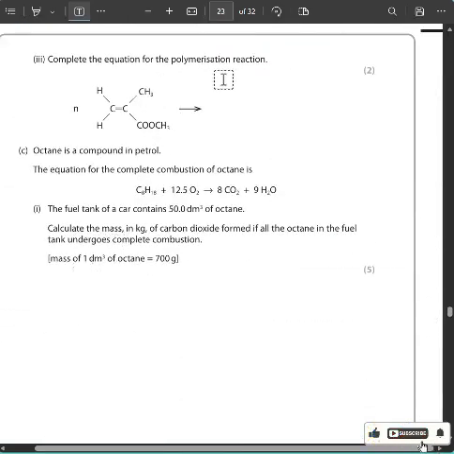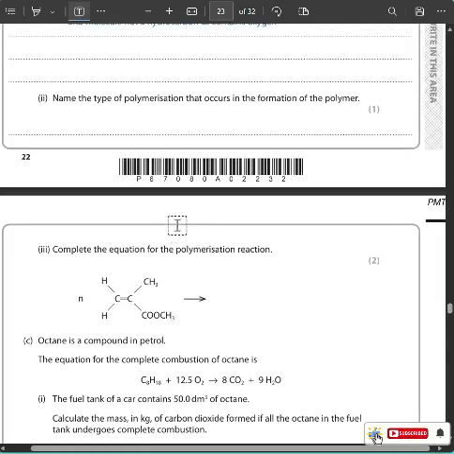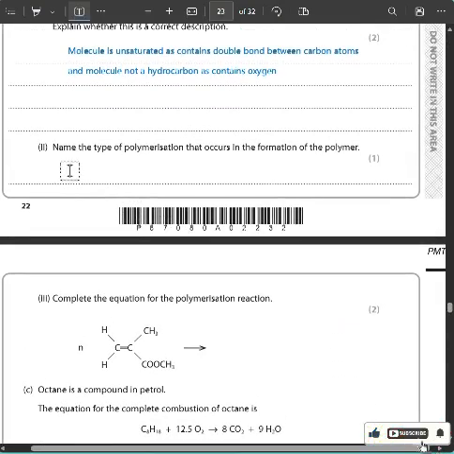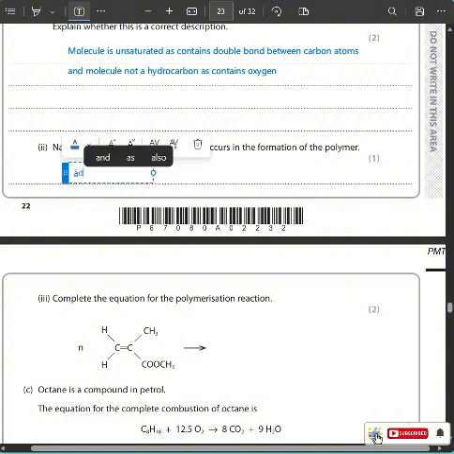Complete the equation for the polymerization reaction. Name the type of polymerization that occurs in the formation of the polymer: it is called addition polymerization.